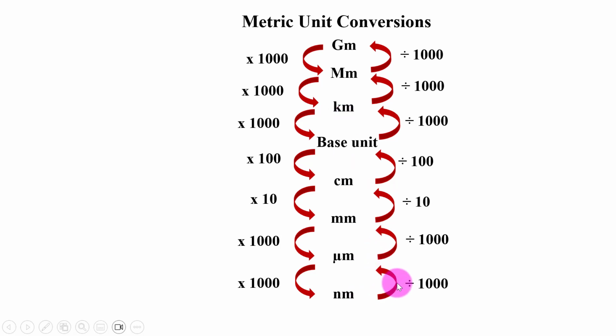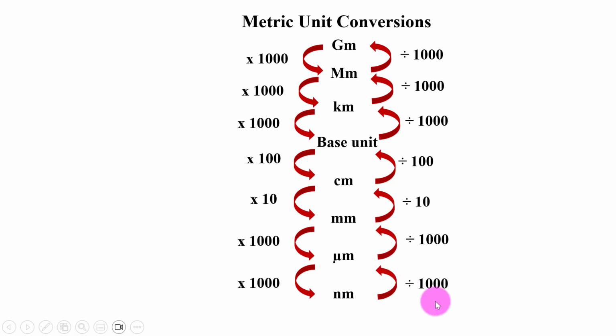The opposite is true if you're going the other direction. So if I start at the bottom, if the value that the problem gives me is lower in this scale, and I'm moving upwards, once again, follow the arrows to the right this time. So if I start with nanometers and I want to convert to millimeters, you divide by 1,000 and then by another 1,000, because that's how many steps it takes.